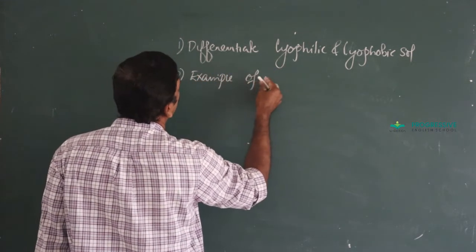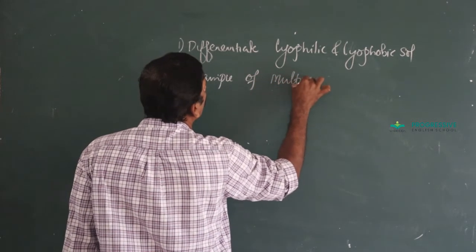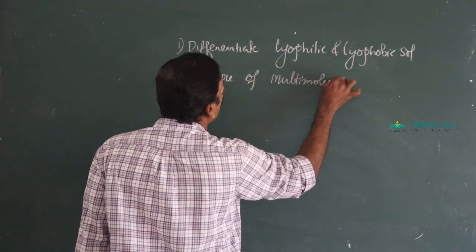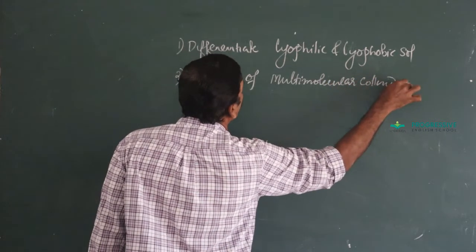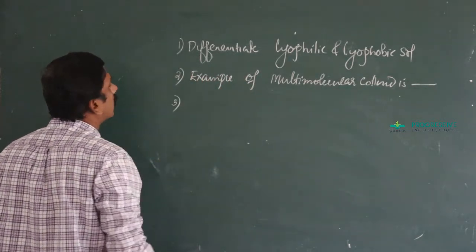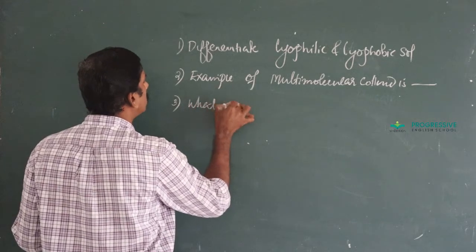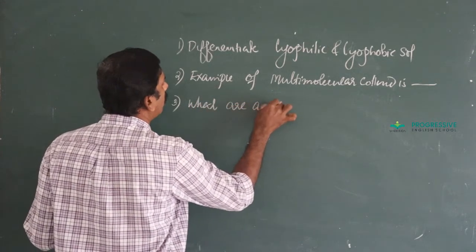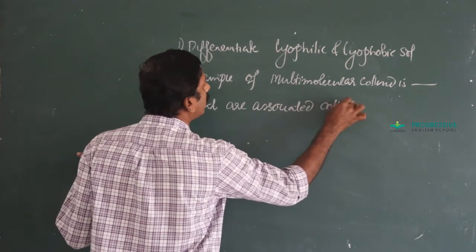Example of multimolecular colloids is dash. What are associated colloids?